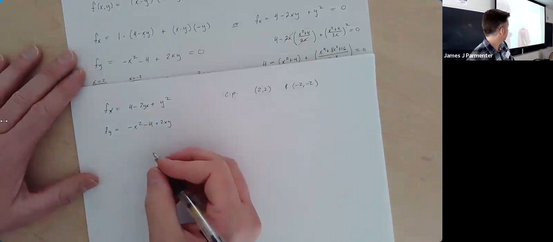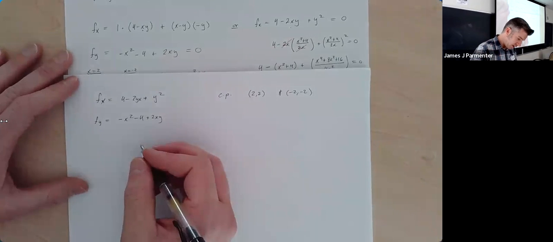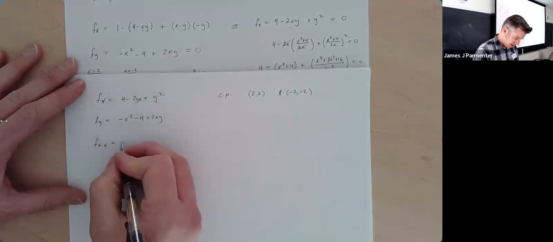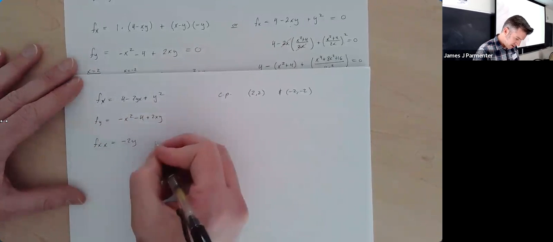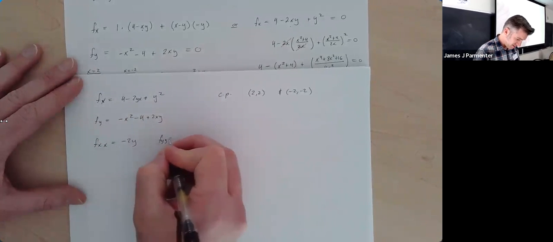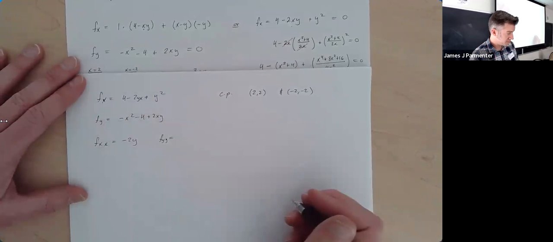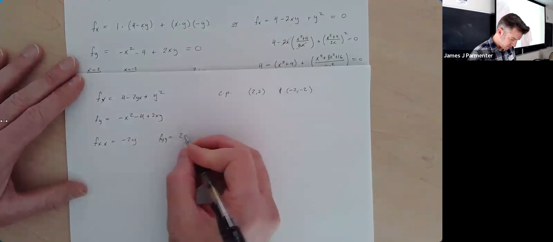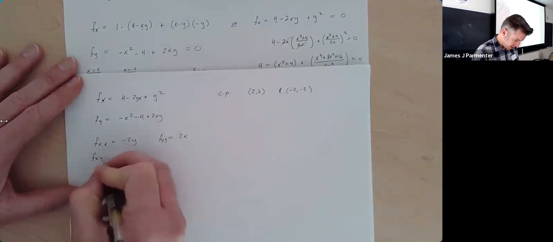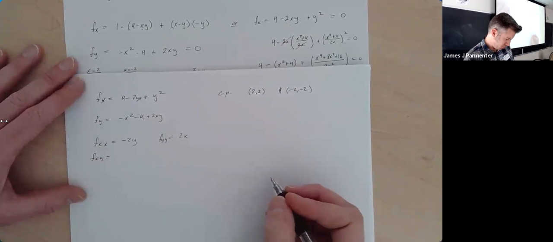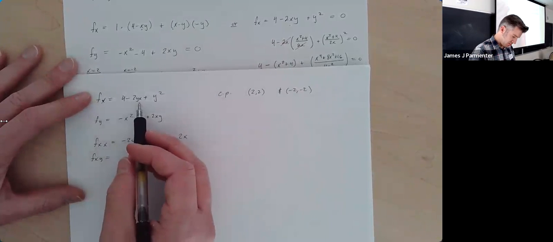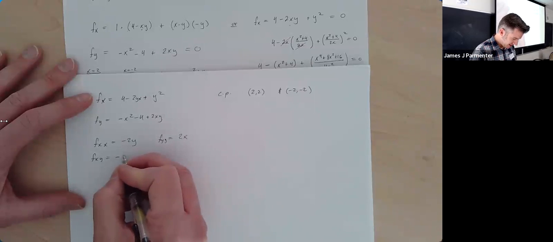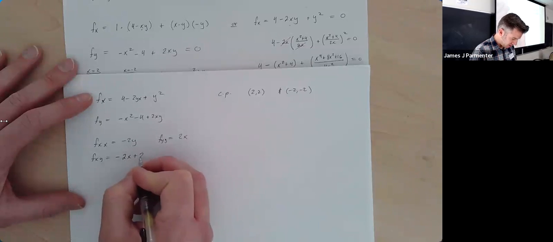Then to see if it's a max, min, or saddle point, we do the usual thing. We find gamma. So fxx is going to be negative 2y. Fyy is going to be 2x. And fxy is going to be negative 2x plus 2y, I believe.